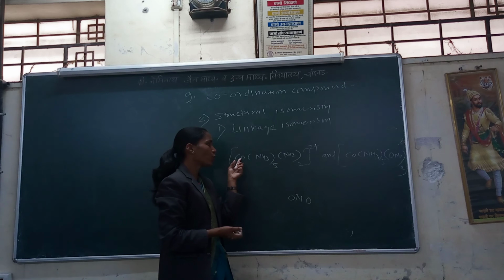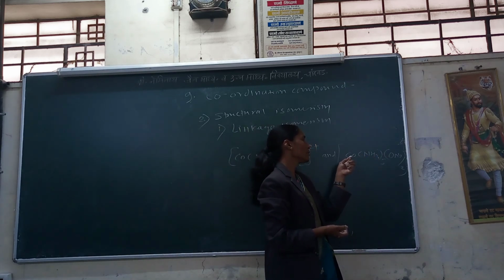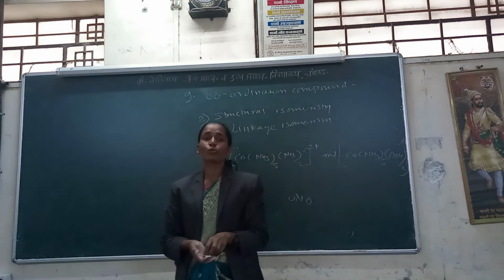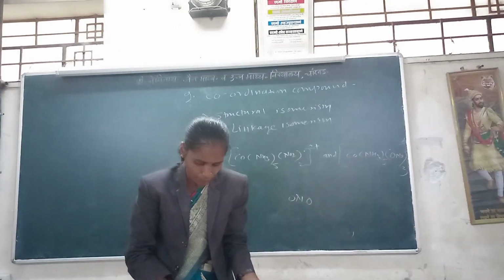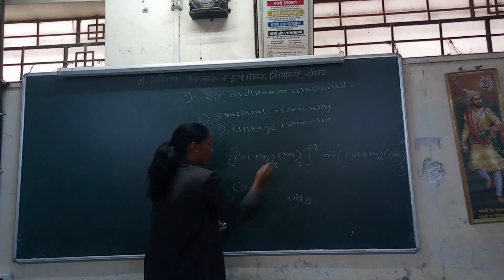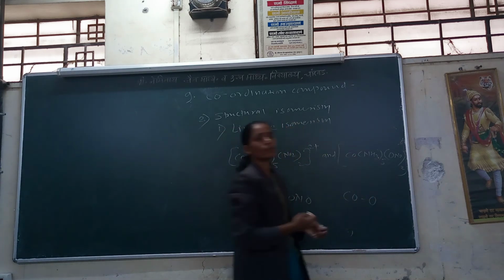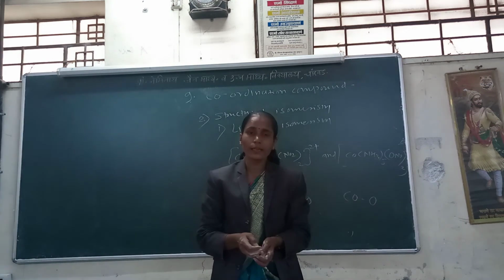Nitrogen donates the electron in the first structure and oxygen donates the electron in the second structure. That is, in the first a Co-N bond, and here a Co-O bond. This is called linkage isomerism.